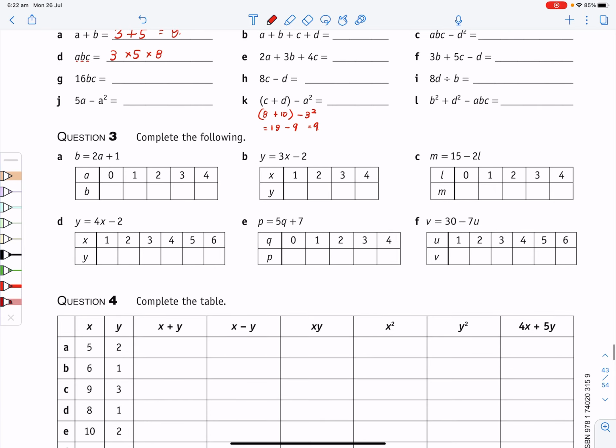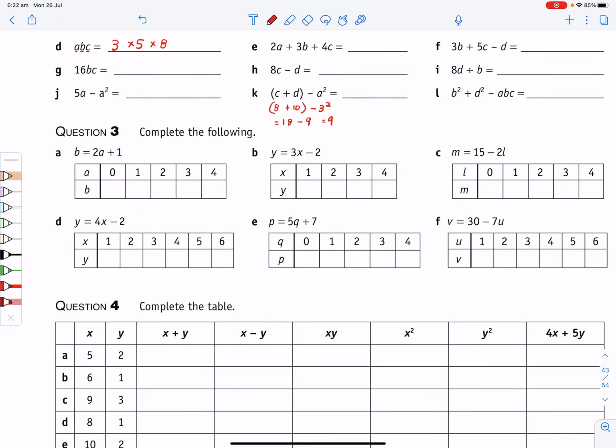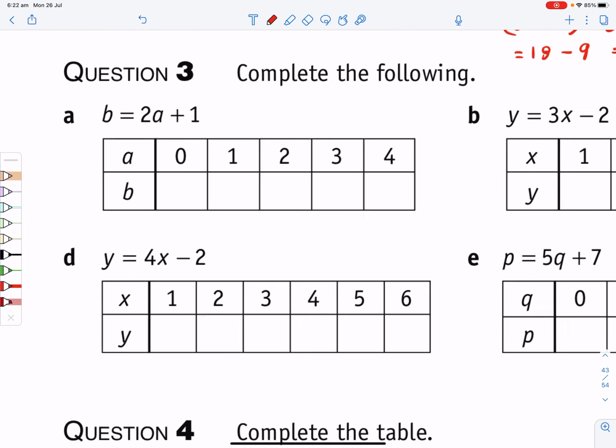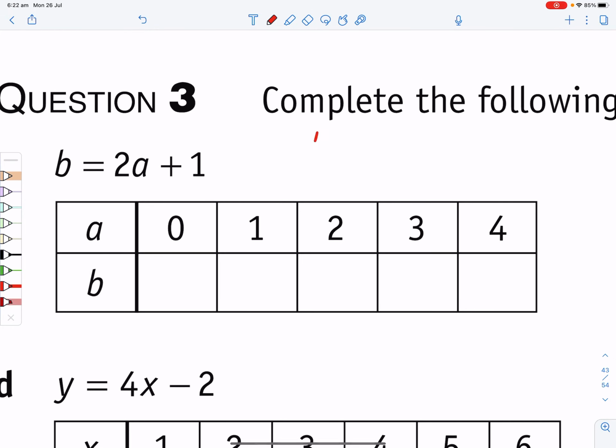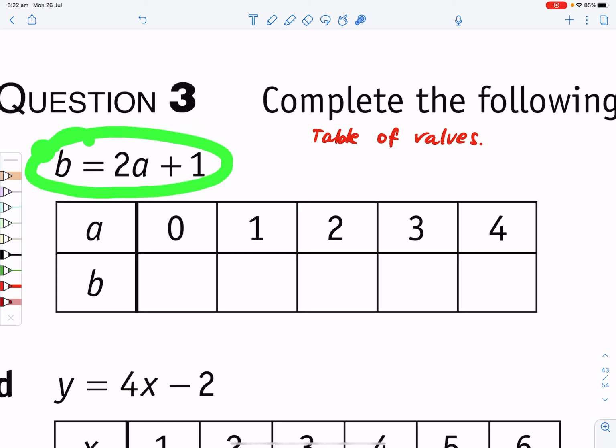Question 3, we have similar questions, but in a table format. This is called a table of values, okay? That's what this is called. And so what's happened here, they've given you this here, which is what we call an equation, okay?